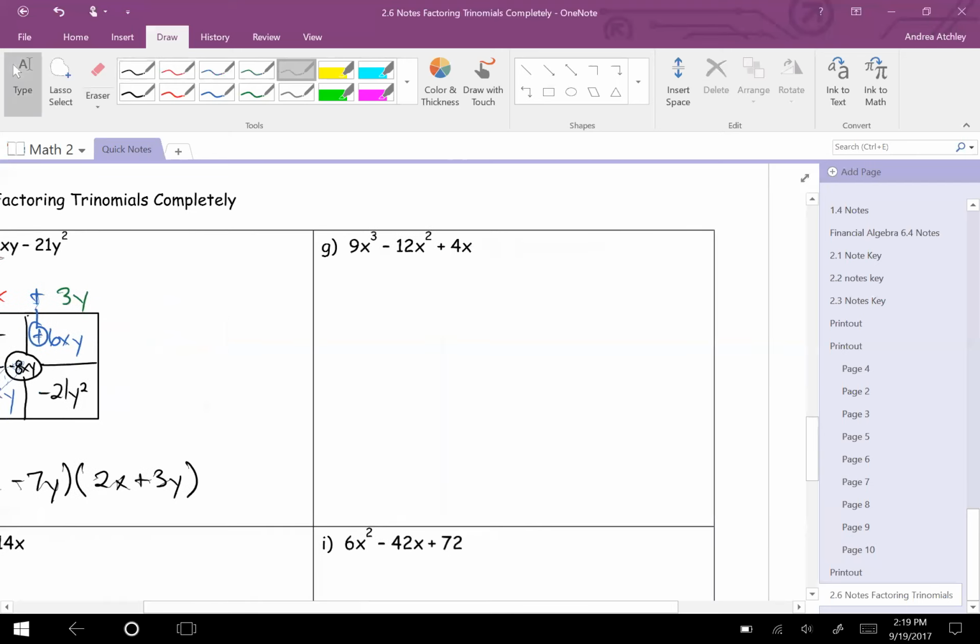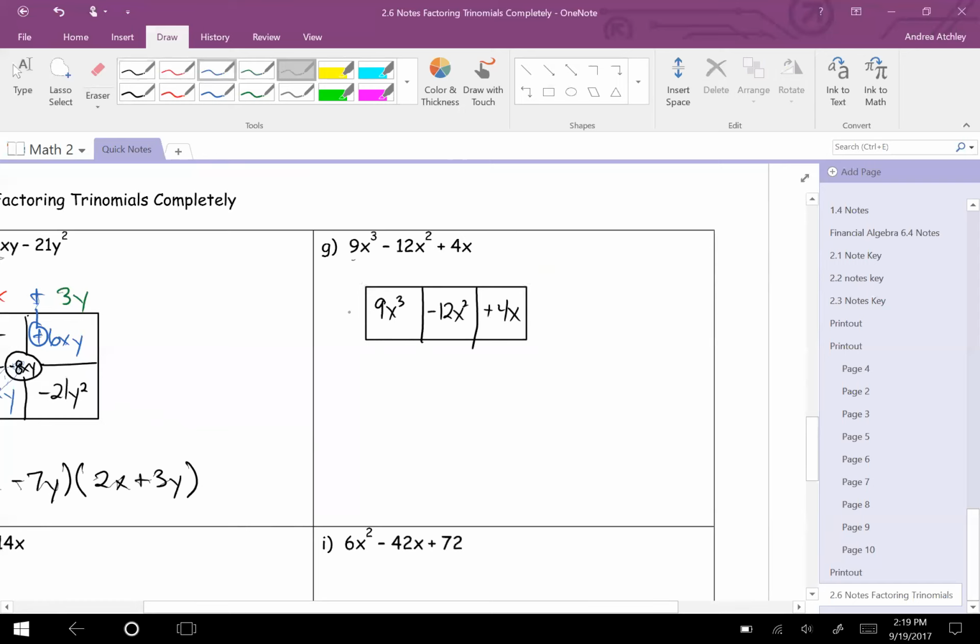Okay, next one. Is there anything they can all be divided by? Not a 3, but an x. So we're going to take the GCF out. So it's 9x cubed minus 12x squared plus 4x.